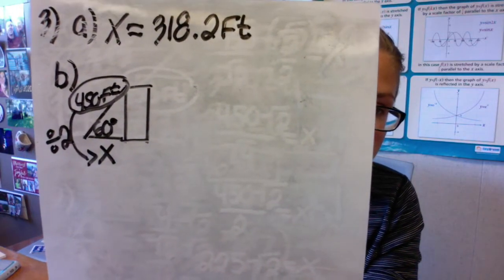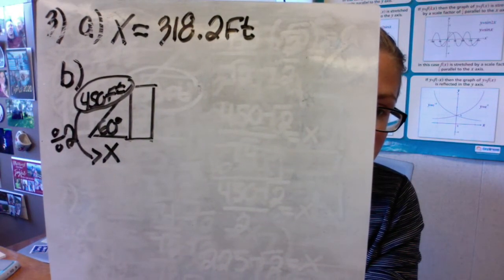So we need to take the 450 feet and divide it by 2. So 450 divided by 2 is going to equal our x. So 225 is equal to x.